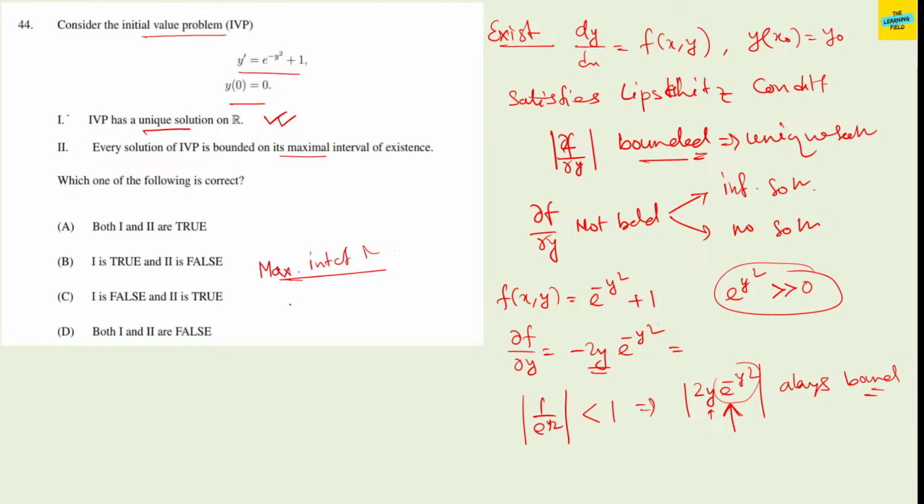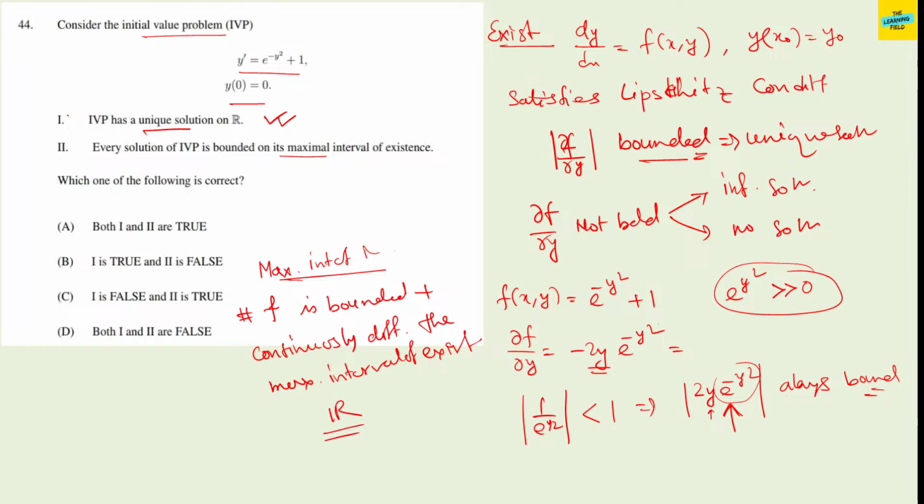If this f function is bounded and continuously differentiable, then there is a theorem that the maximal interval of existence is the complete real line. Here f is obviously bounded, we already proved, and since the function is of exponential order, it is always a continuously differentiable function.